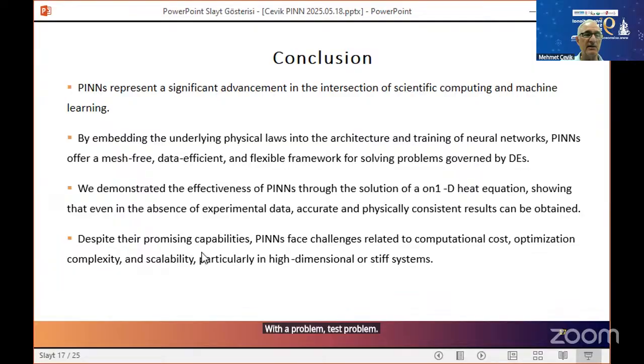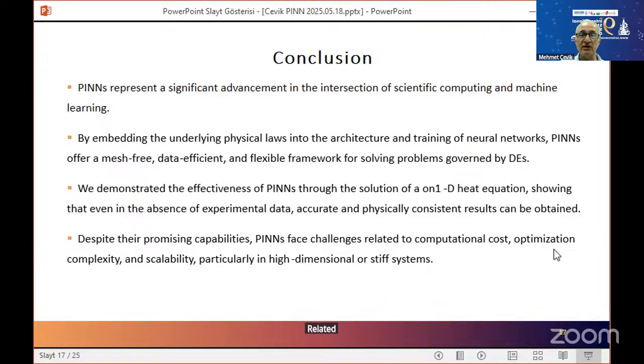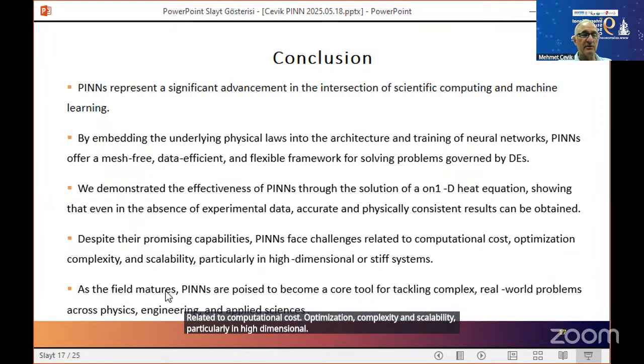Despite their promising capabilities, PINNs also face challenges related to computational cost, optimization complexity, and scalability, particularly in high-dimensional or stiff systems. As the field matures, PINNs are poised to become a core tool for tackling complex real problems across physics, engineering, and applied sciences.